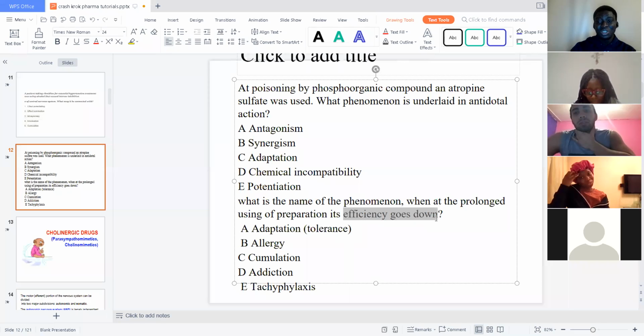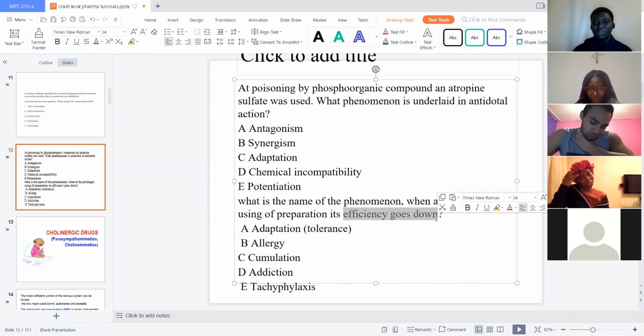When the question talks about efficiency of a drug going down, it's either tolerance or tachyphylaxis. The difference is tachyphylaxis occurs within a day, within a very short period of time, while tolerance takes place within months to years, a longer period of time.